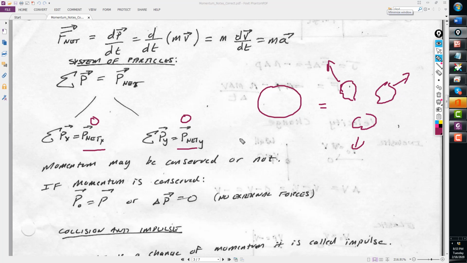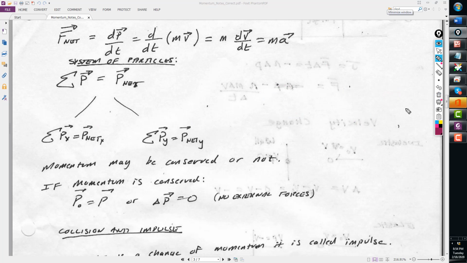So that's an example of that. It's kind of a strange situation because you're traveling down the z-axis. And remember, if this adds up to zero, you have to have one positive y balancing the negative y and a positive x balancing the negative x. So that's important to remember.